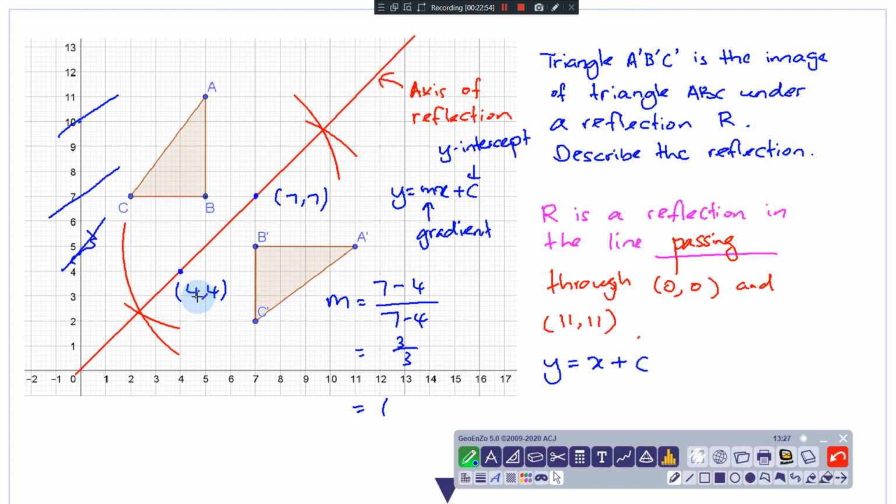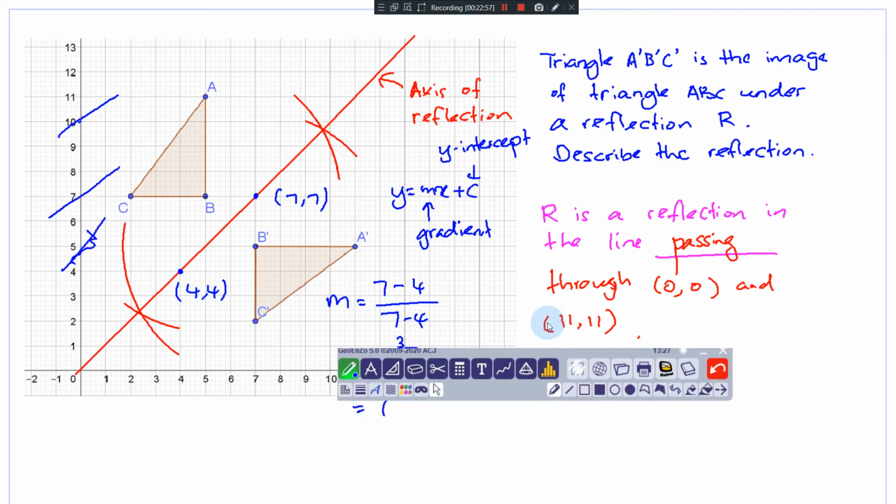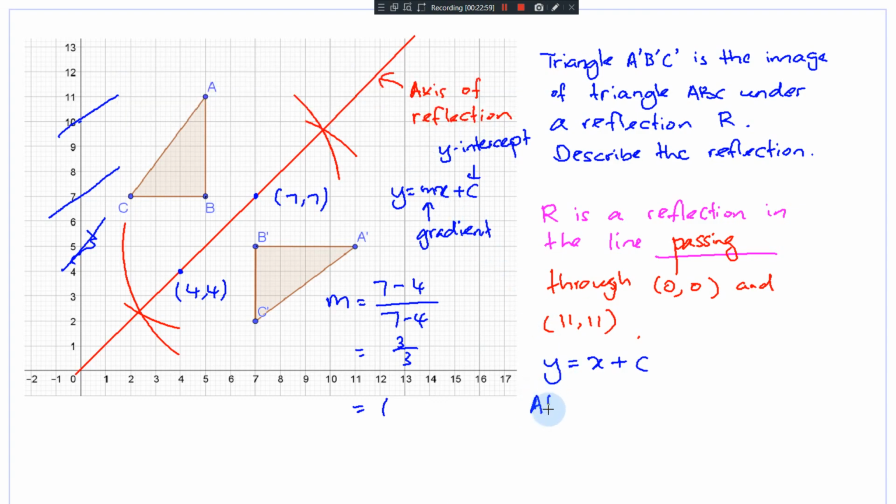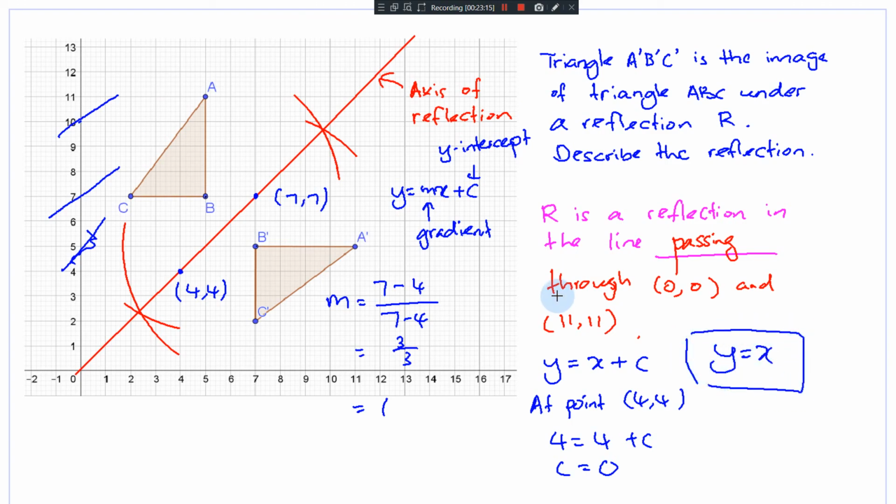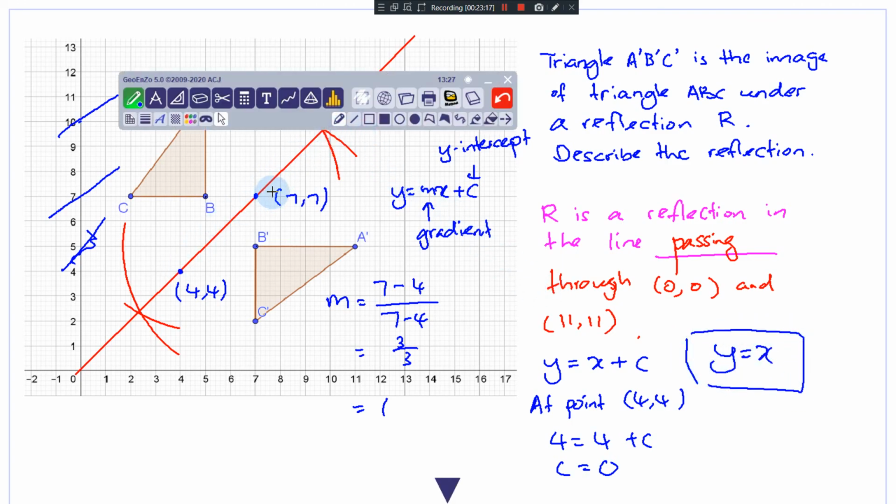So how about I choose 4, 4. At point 4, 4, y will be equal to 4, x will be equal to 4, plus c. So c is equal to 4 minus 4, which is equal to 0. So we know y is equal to x is the equation of this straight line.